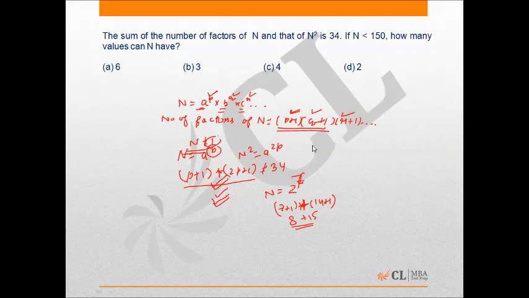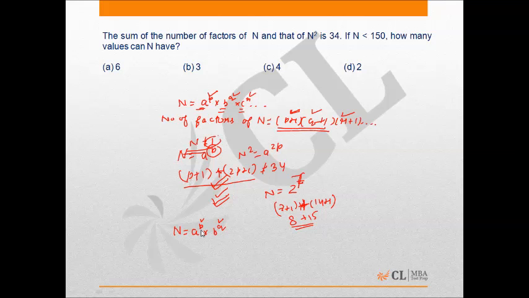From here it is obvious that the number of prime factors of n has to be more than 1. So now let's consider the case of two prime factors. In that case, n will be of the form a raised to power p into b raised to power q.